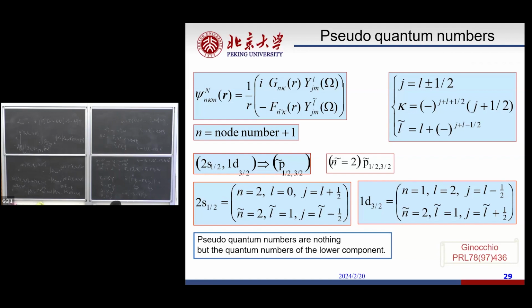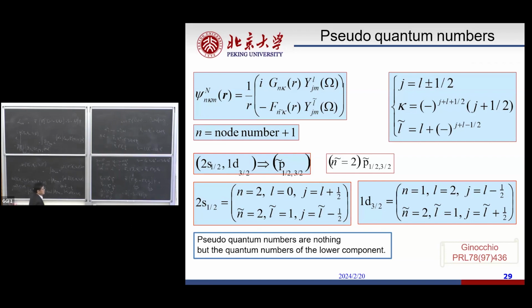You will find, for example, for the up components, if they have 2s1/2 and 1d3/2, then both of them will have low components with angular momentum p1/2 and p3/2. So essentially, these are pseudo orbit partners, right?